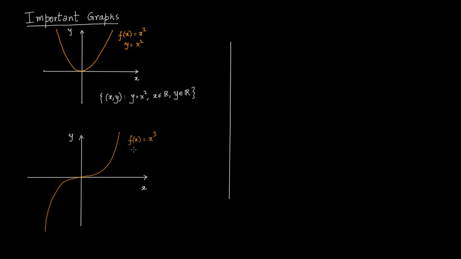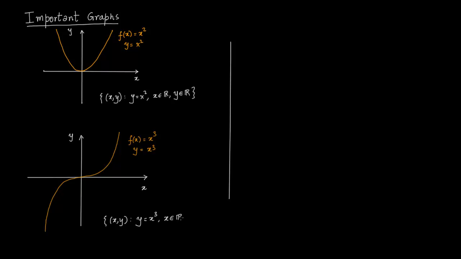So the exponent should be positive, that is y = x³. So the power of x is positive. Then the graph almost always looks like this. I will write this down later so that it is clear.